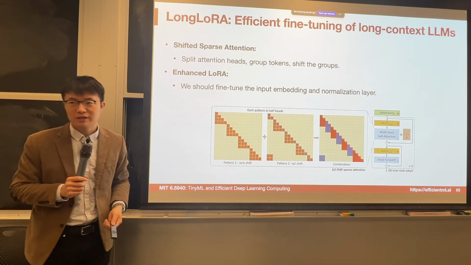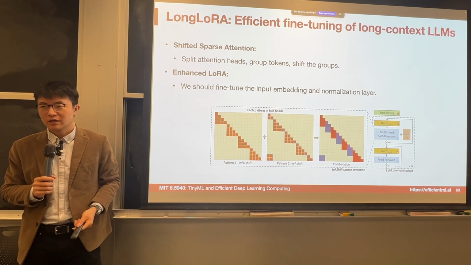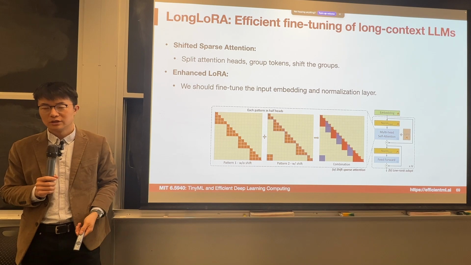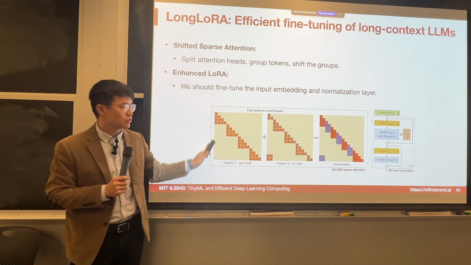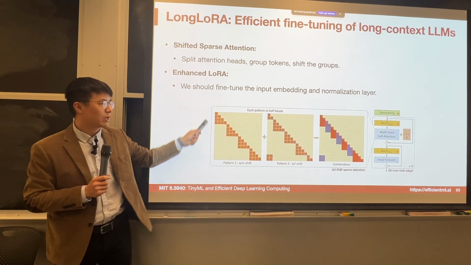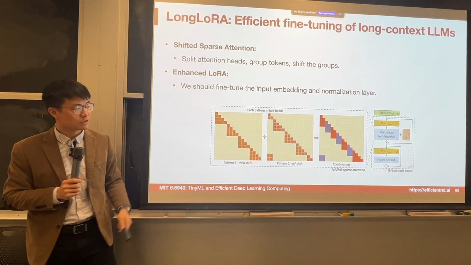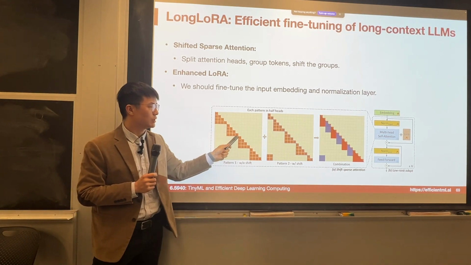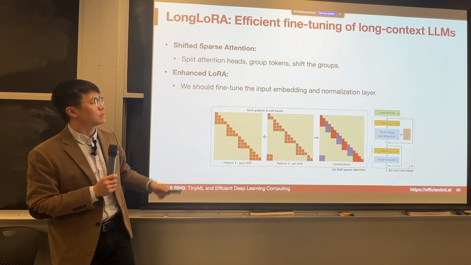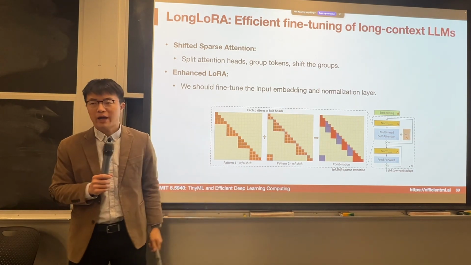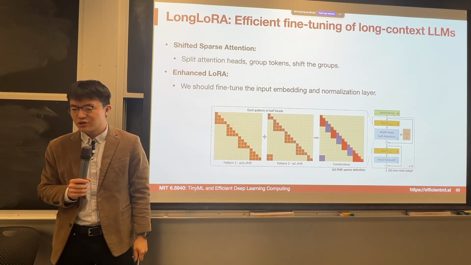The attention mechanism is taking a lot of the compute, a lot of the flops, especially as you get longer and longer, you can imagine the attention map is growing quadratically. So here we only allow this windowed, downward triangle pattern of the attention mechanism.